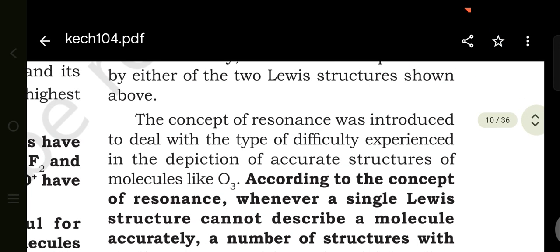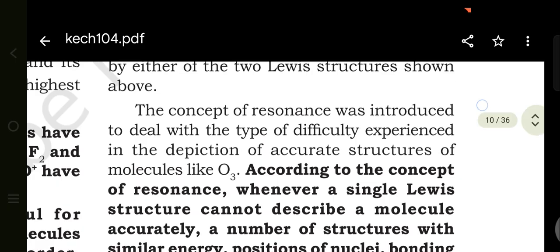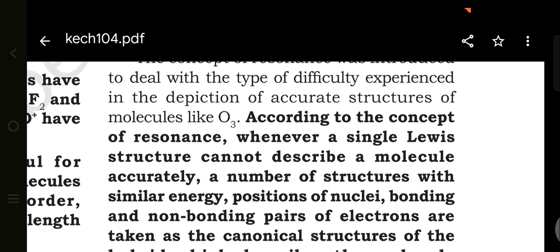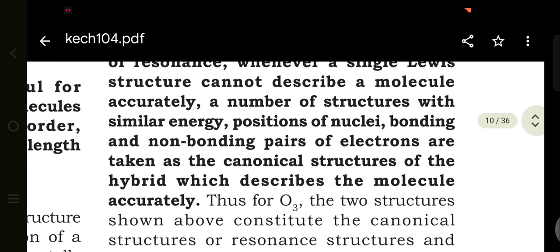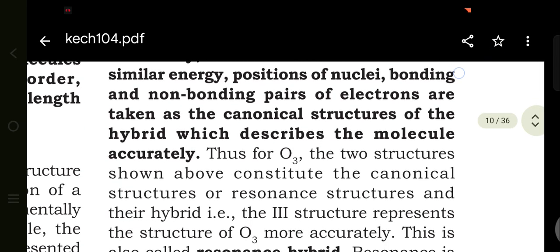The concept of resonance was introduced to deal with the type of difficulty experienced in the depiction of accurate structures of molecules like O3. According to the concept of resonance, whenever a single Lewis structure cannot describe a molecule accurately, a number of structures with similar energy, positions of nuclei, and bonding and non-bonding pairs of electrons are taken as the canonical structures of the hybrid, which describes the molecule accurately.